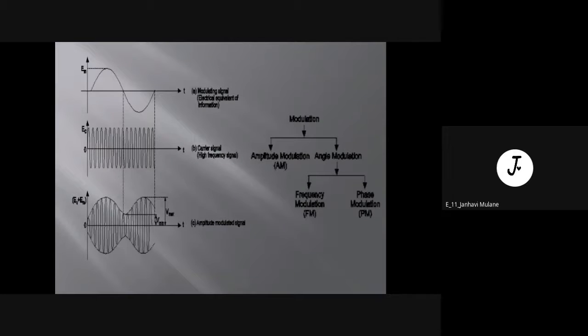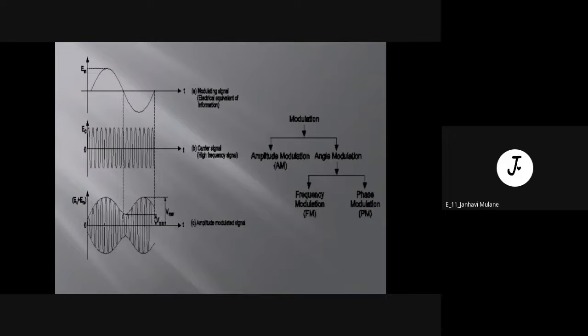Thank you, Kunal. In this diagram, the waveforms are showing the process of modulation. In figure A, we can see a modulating signal which has low frequency. In figure B, we can see a carrier signal which has a higher frequency.